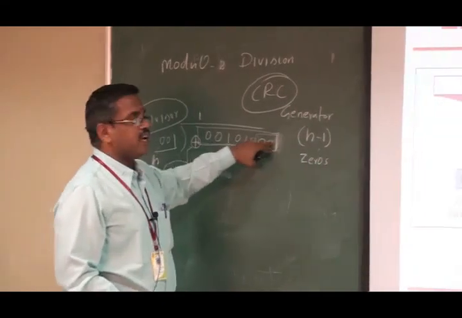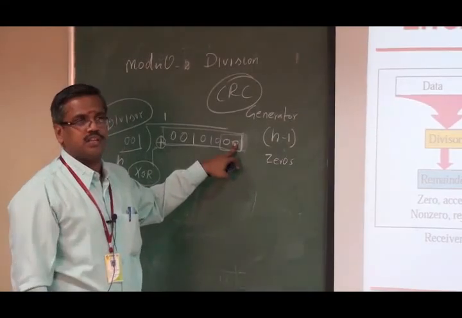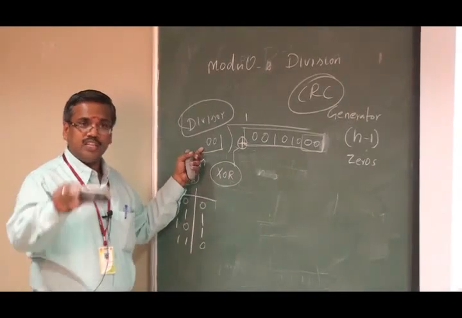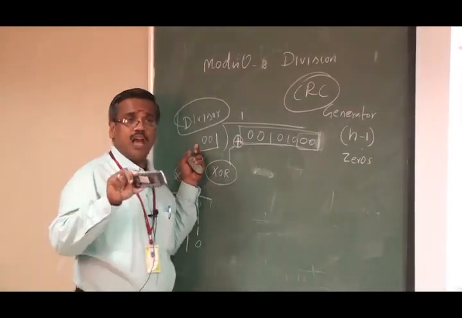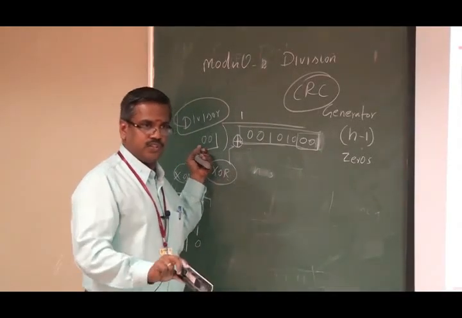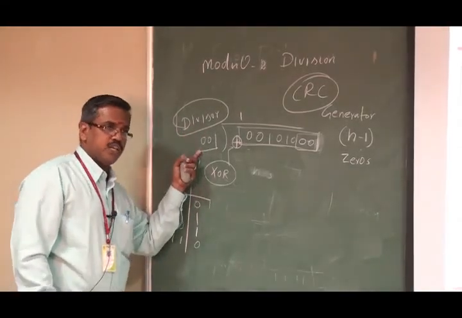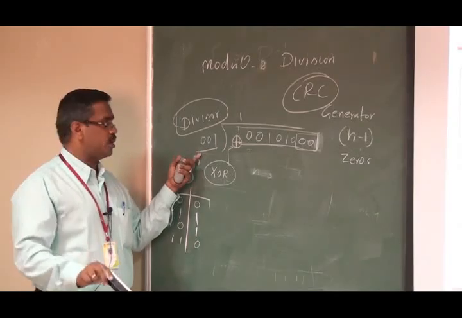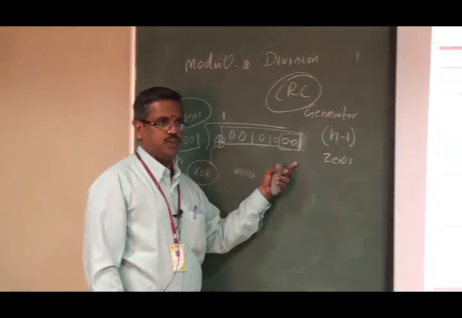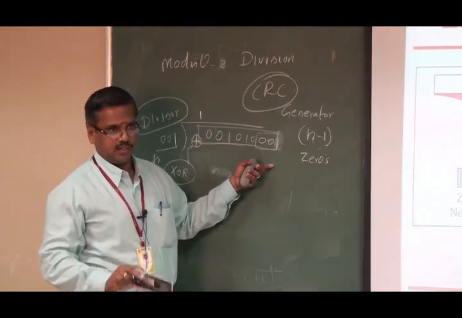Suppose I add 5 zeros, then the divisor should be 5 plus 1, 6 bits, but the predefined divisor has only 3 bits. This type of confusion may arise for students, so we fix it: first take the divisor, count the number of bits, so n is equal to 3, and add n minus 1 zeros. This sequence is easy to understand.